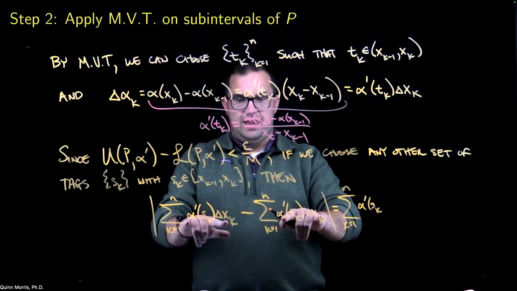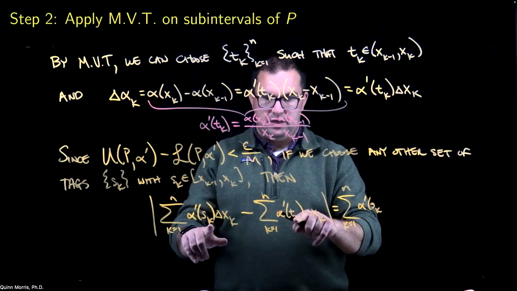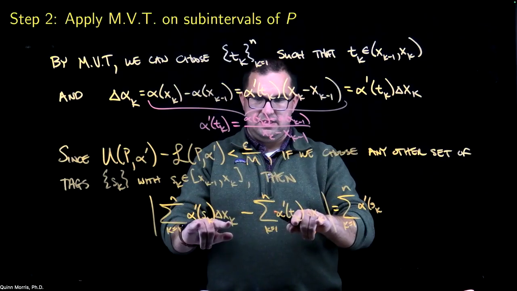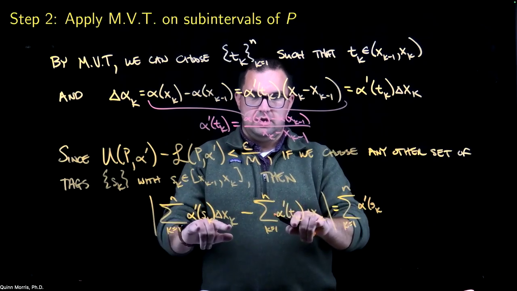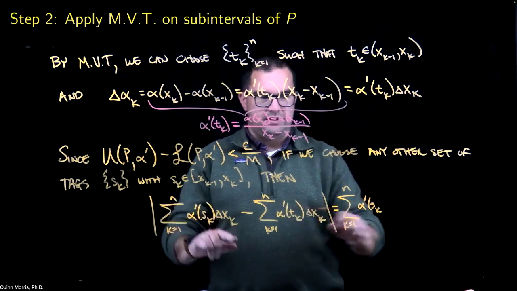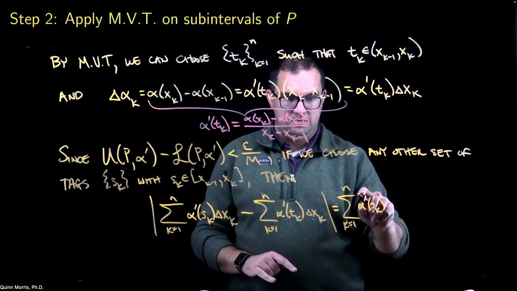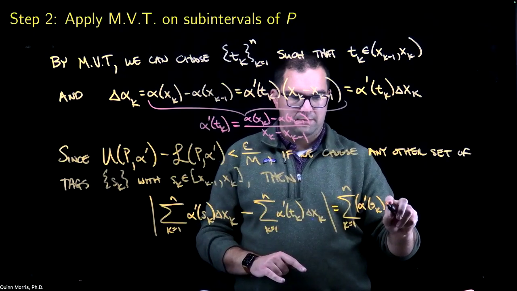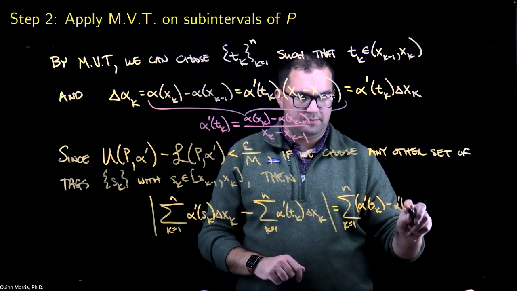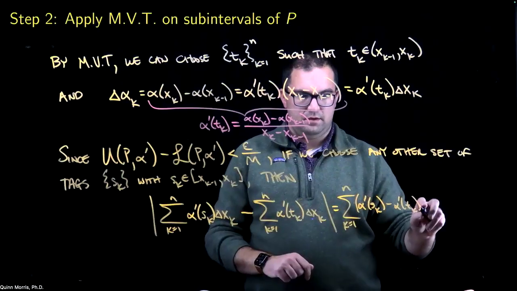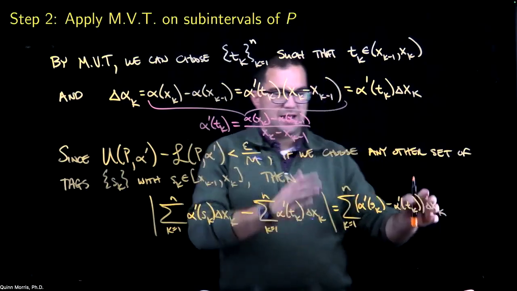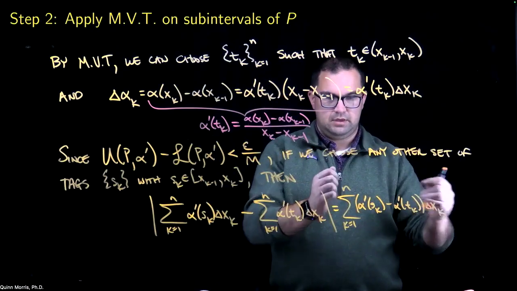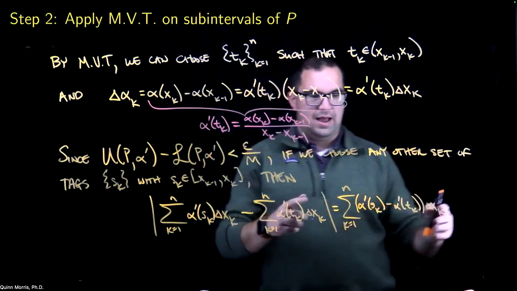I can see that I can combine the sums. They're indexed over the same range, and then I can factor out a delta x_k. So I'll get alpha prime of s_k minus alpha prime of t_k times delta x_k. Now I have these absolute values, but I could push them inside.